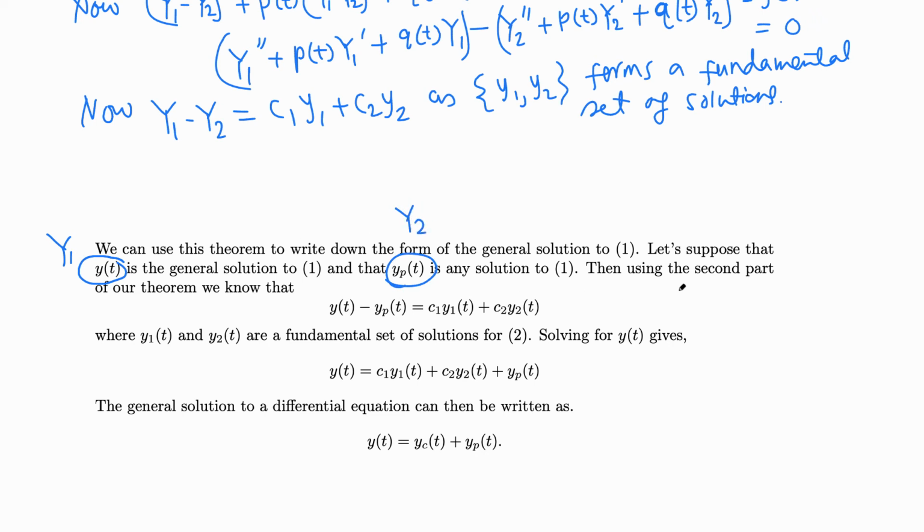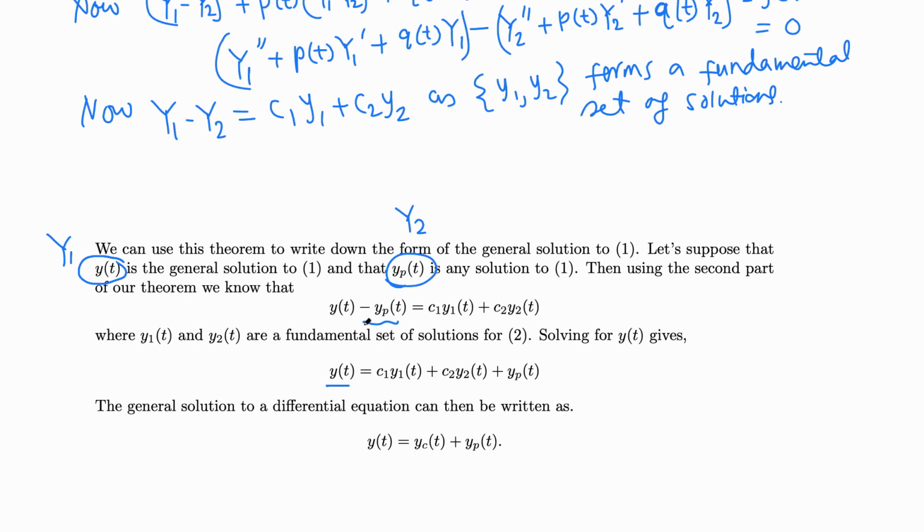Then using the second part of our theorem, y minus Yp is equal to c1 y1 plus c2 y2, where y1 and y2 are a fundamental set of solutions. Now we just move this over, add Yp, so little y is c1 y1 plus c2 y2 plus Yp(t). This gives us the general solution to the differential equation.